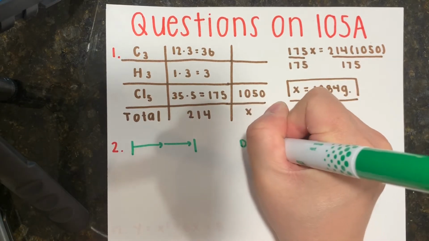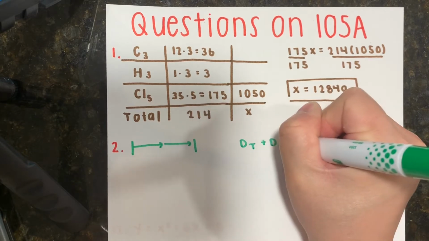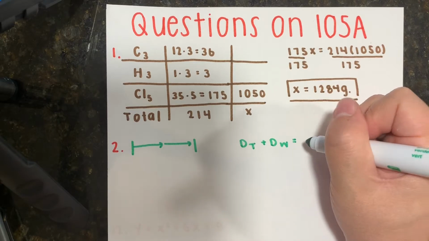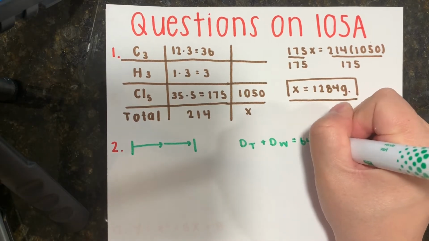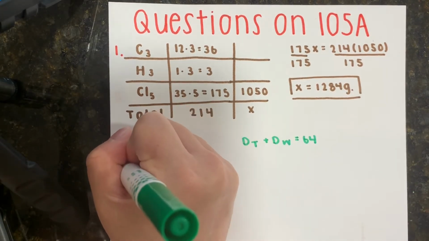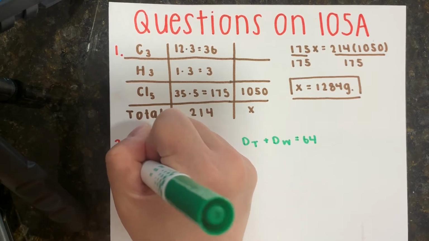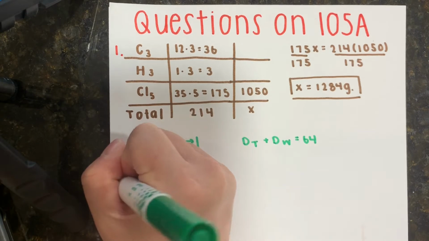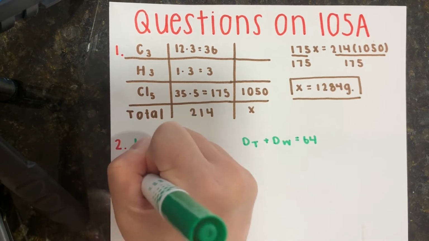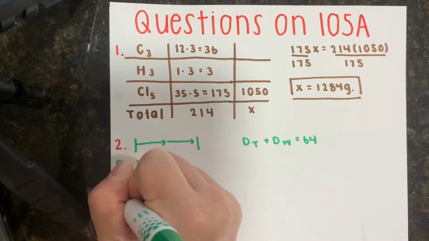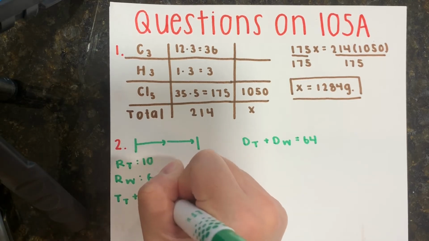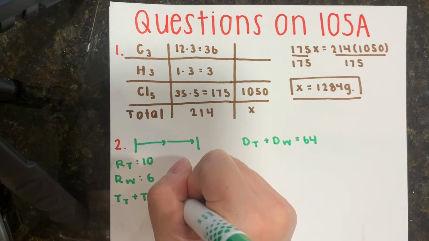And so it will have distance trotted plus distance walked equals a total of 64 miles. It gives us the rate at which she was trotting was equal to 10, and then the rate that she walked was 6, and the total time that she took on this trot and walk was 8 hours.